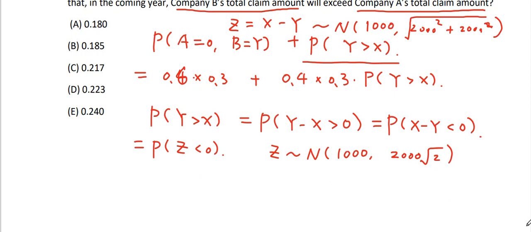Okay, so this equal, changing 0 to standard normal. Maybe we should not use this Z, but anyway, we use a standard normal: this minus mu divided by sigma.